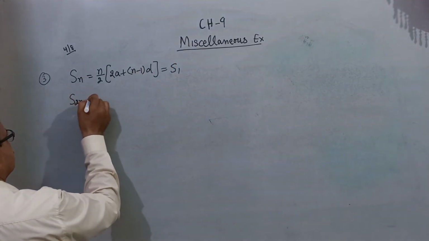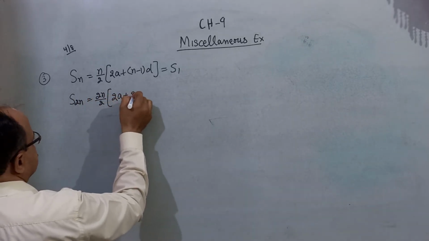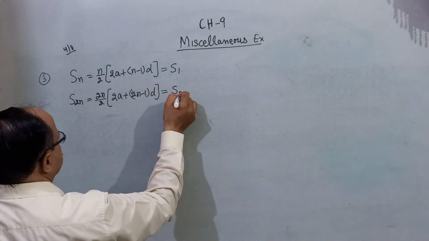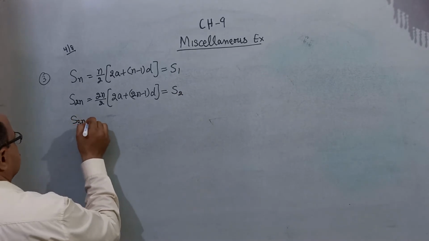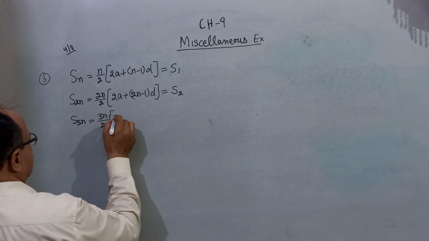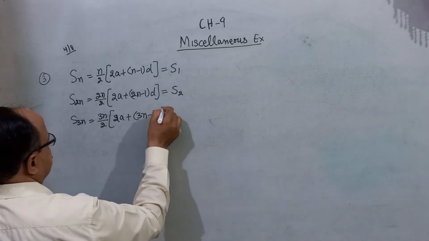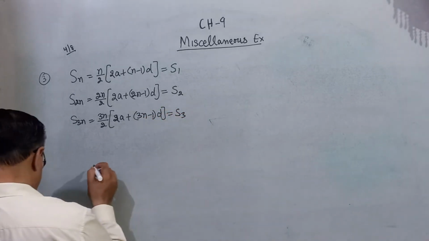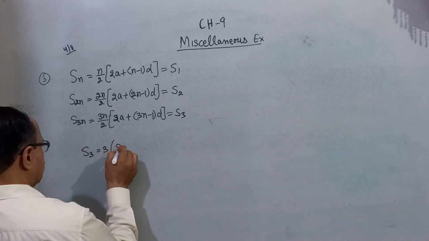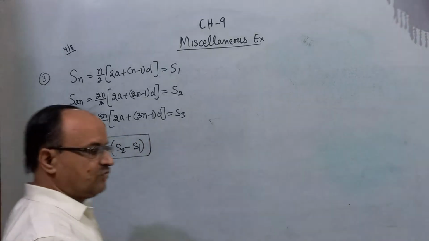S2n is 2n by 2, 2a plus (2n-1) into d, that is S2. And S3n is 3n by 2, 2a plus (3n-1) into d, that is S3. And you want to prove that S3 is equal to thrice S2 minus S1.